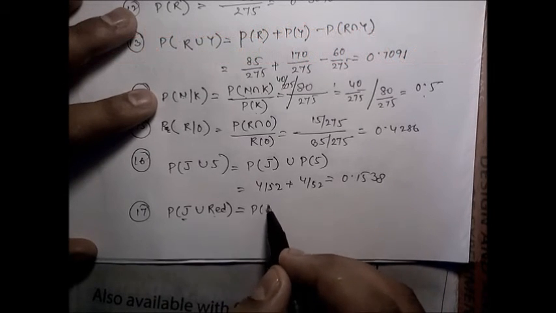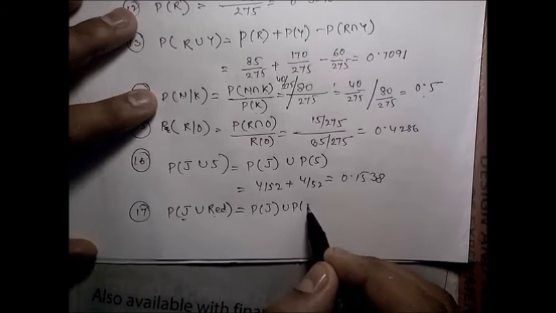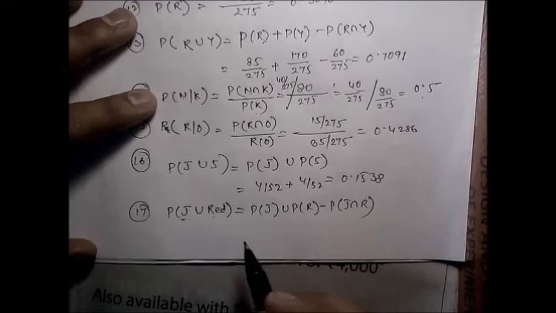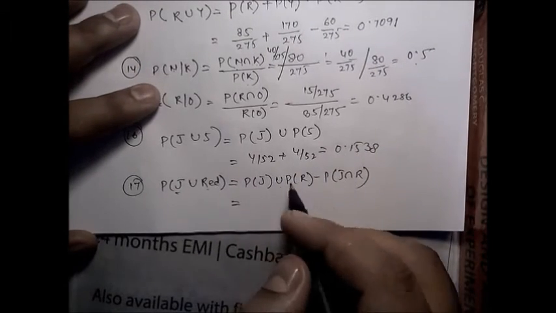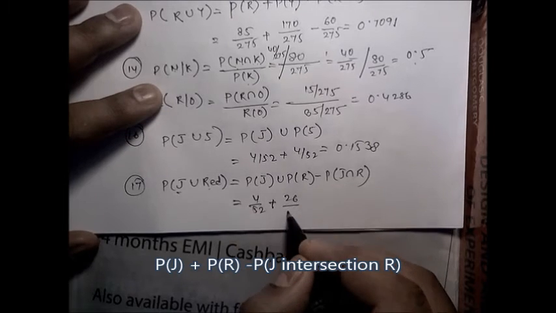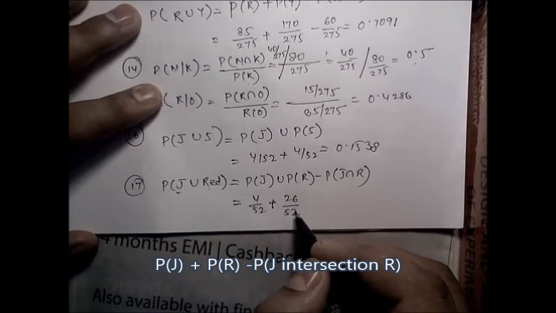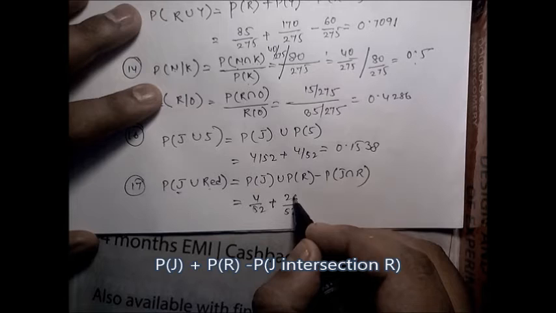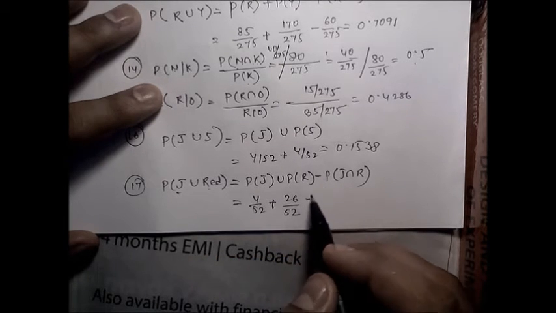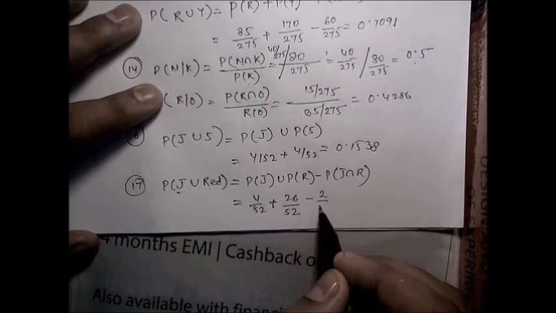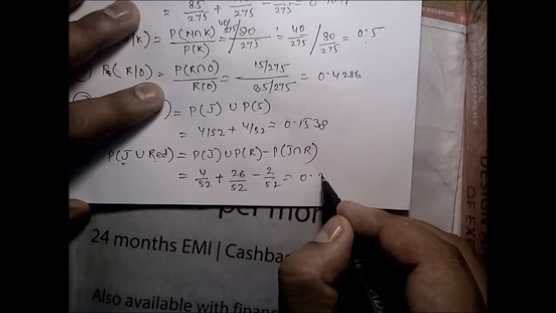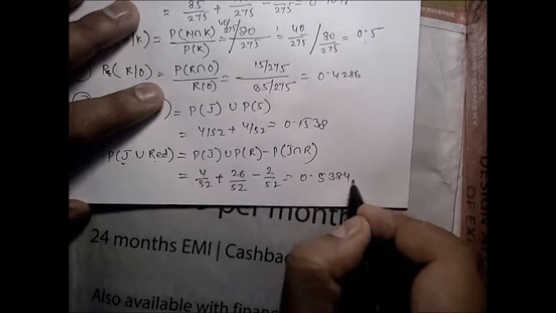So probability of jack union probability of red minus probability of jack intersection red. Probability of jack is 4 by 52. Probability of red is 26 by 52, because out of 52, 26 red cards are there, and 2 jacks are red in color. So 2 by 52. The final answer is 0.5384.